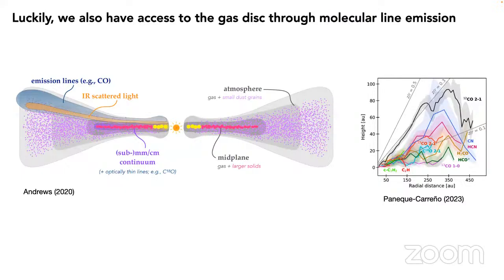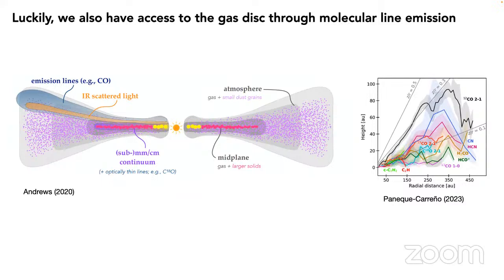The cool thing about molecules is that, depending on their chemical properties, the way they respond to the radiation field, and things like optical depth, they trace different layers. For example, if you take molecular line observations of CO isotopologue emission, the main isotopologue is optically thick, and therefore it is located in the uppermost layers of the disk atmosphere.